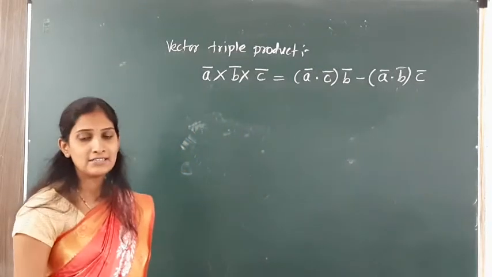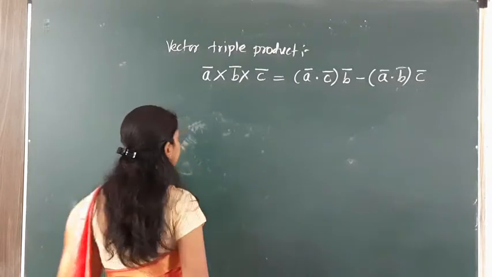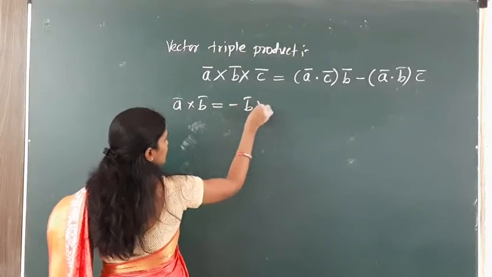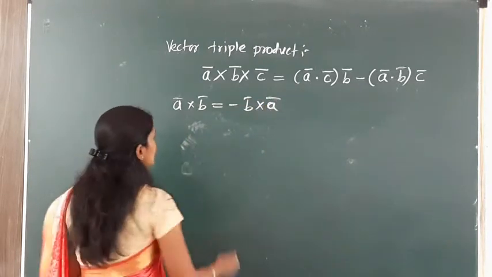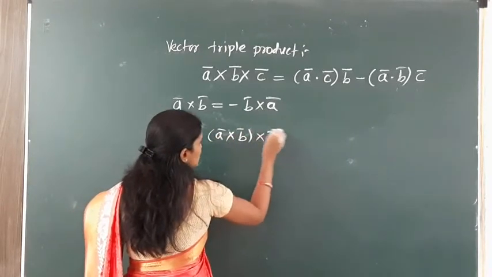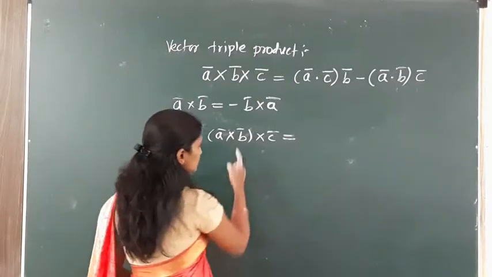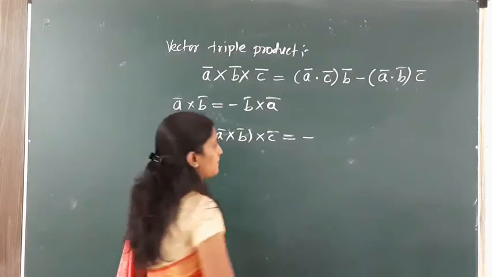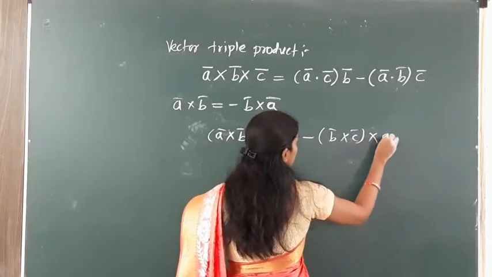Vector triple product also has properties similar to cross product. Suppose A bar cross B bar is equal to minus of B bar cross A bar. Similarly, here A bar cross B bar cross C bar is similar to minus of B bar cross C bar cross A bar.